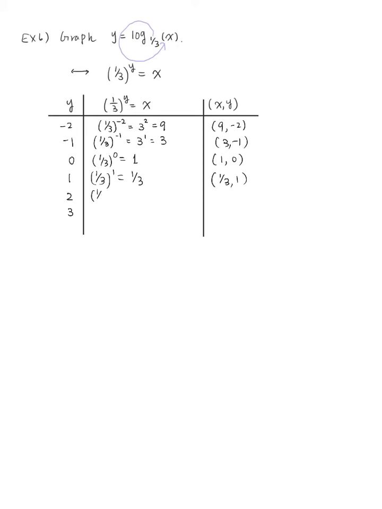And when y is 2, we're going to have (1/3) squared, so this is 1 over 9. So we got (1/9, 2). And when y is 3, you're going to have 1 over 27, a super duper tiny number. So here you're going to have (1/27, 3).